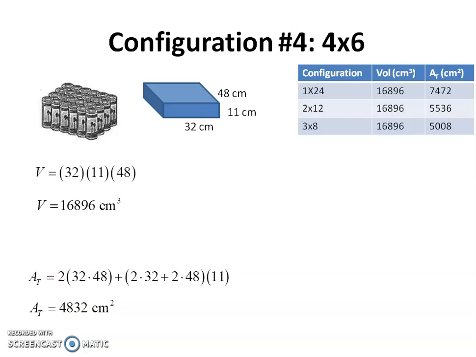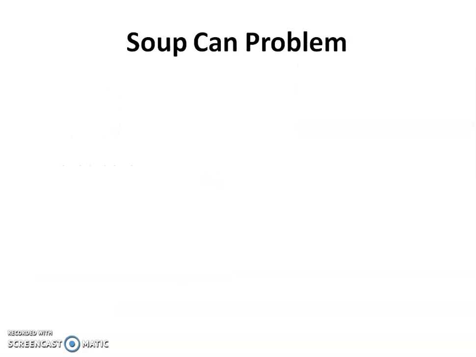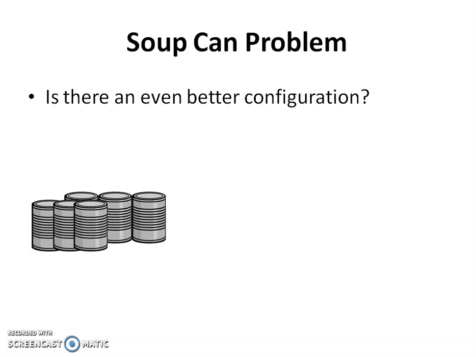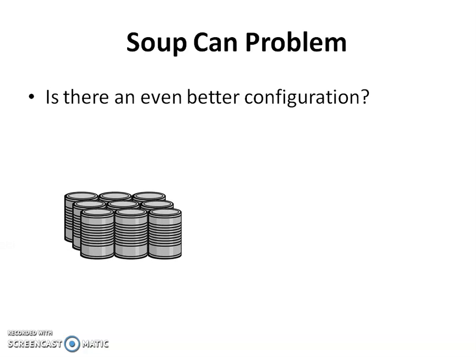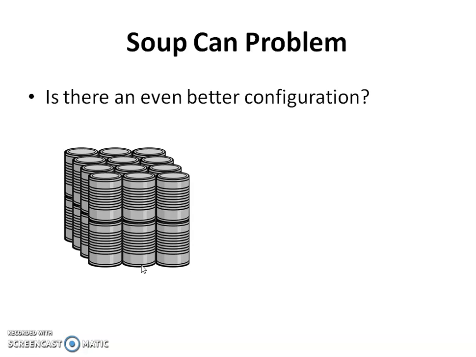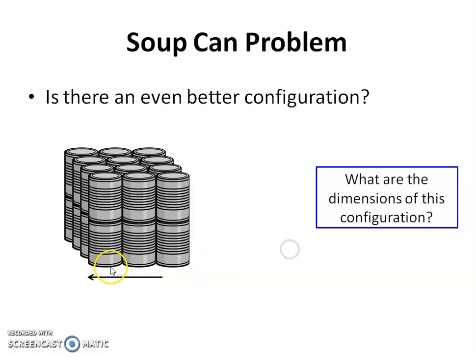Well, I claim that it isn't, because what I can do is often work in another dimension. Like here, I've got 1, 2, 3 by 4, that's 12 cans. But if I stacked another 12 on top of them, and I put a box around that, the dimensions of that box would be, well, this is 3 cans across, each with a diameter of 8, that's 24.